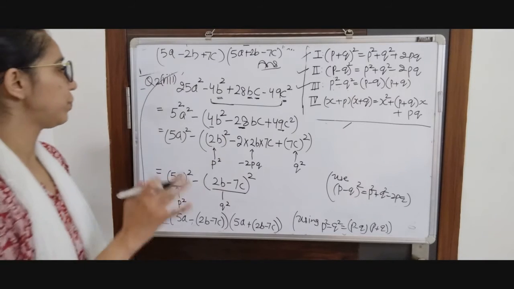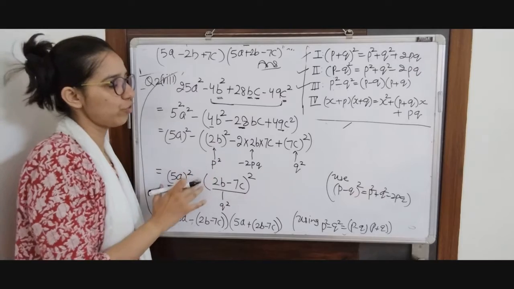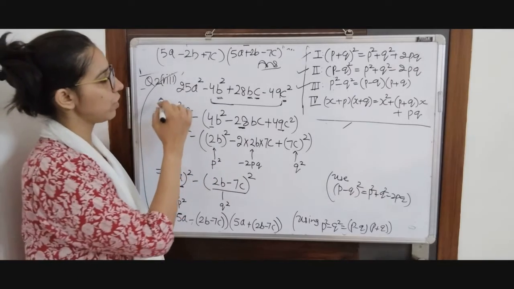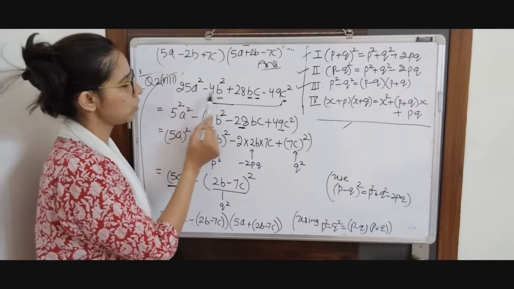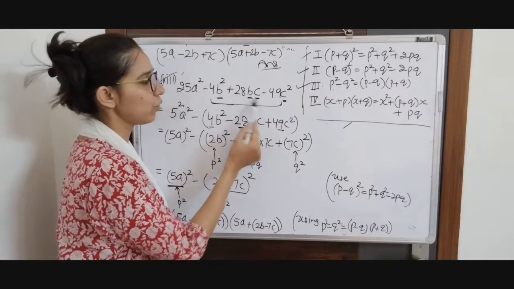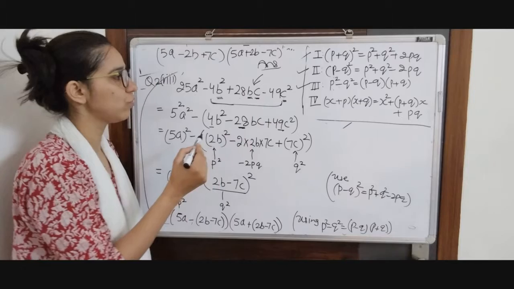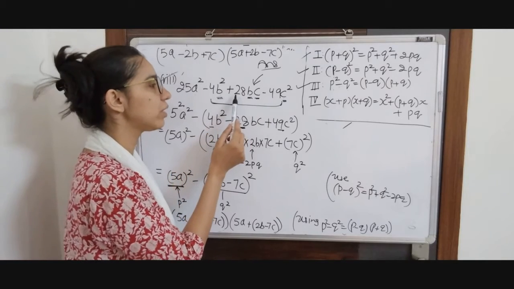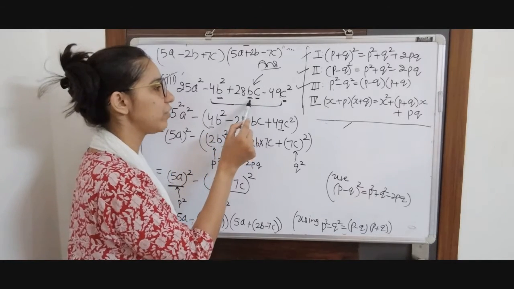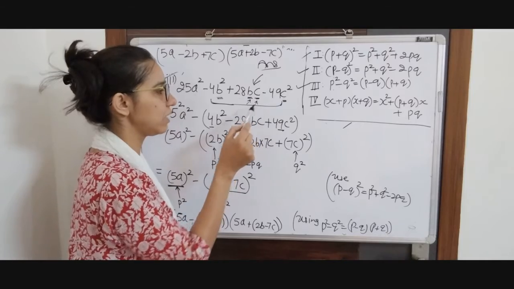So I am going to repeat the question because these kinds of questions appear in the exam. You had 3 square terms and 1 non-square term. We will check the non-square term, and the non-square term was your 28bc. In it we had variables b and c.